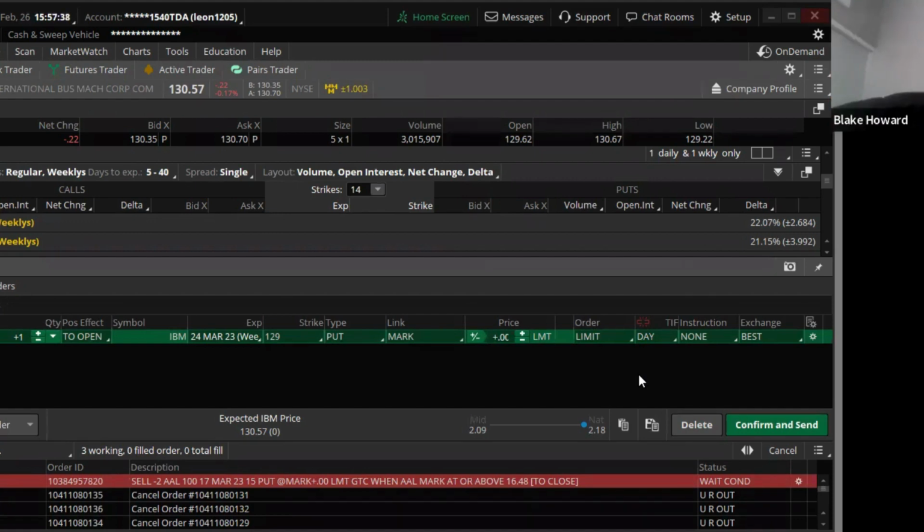Gotcha. And the only thing that I missed is right here where it says day. I'm going to click that down and make sure that it says GTC. And that stands for good till canceled. So if I had left it at day, that order would only have been in place tomorrow.